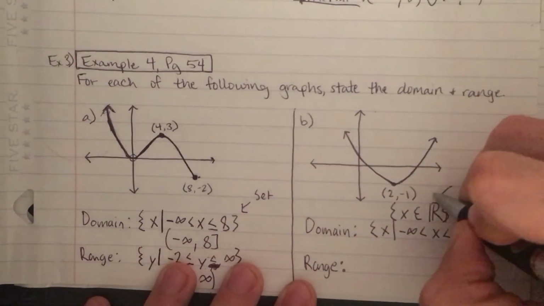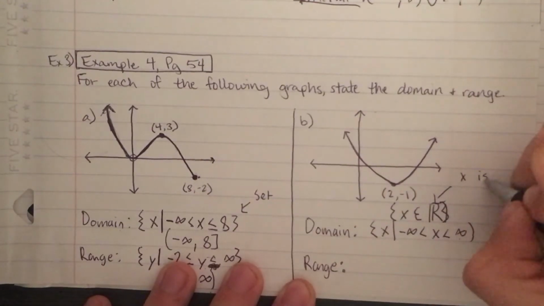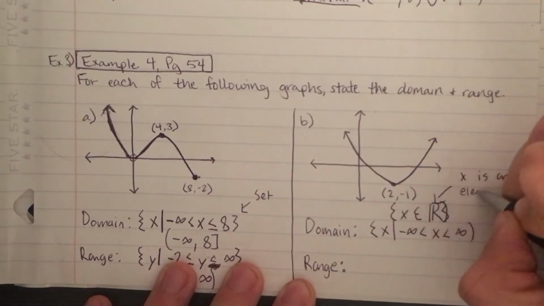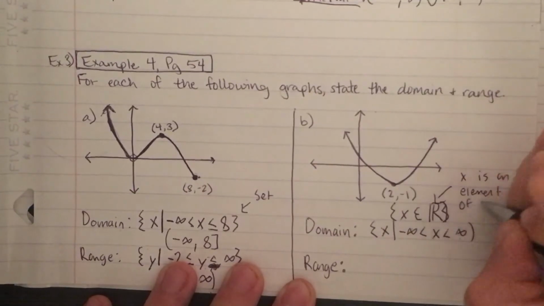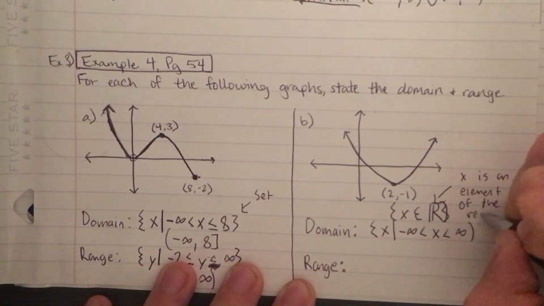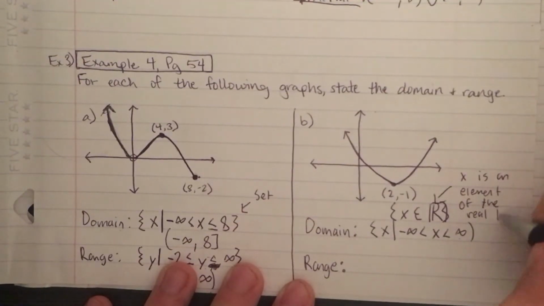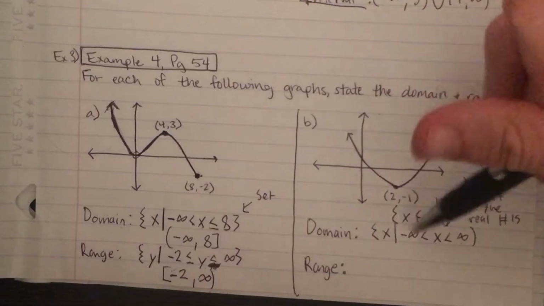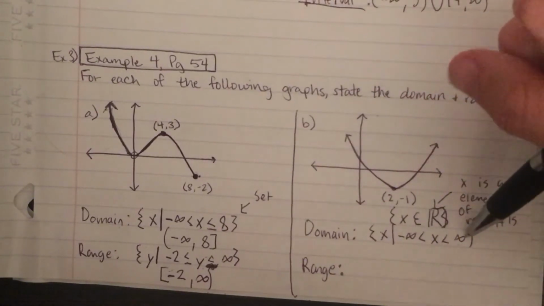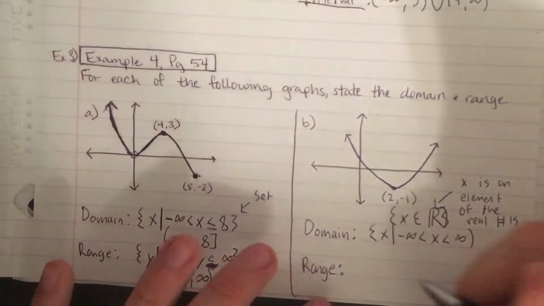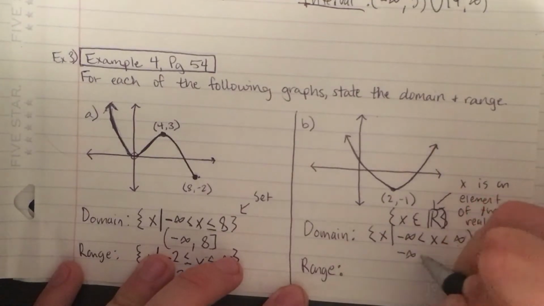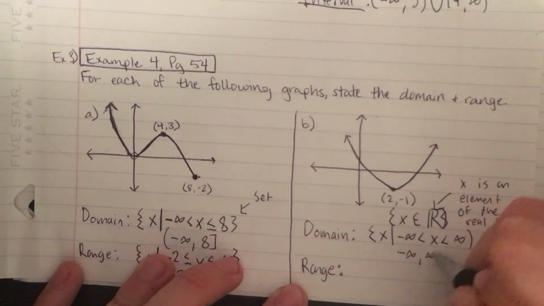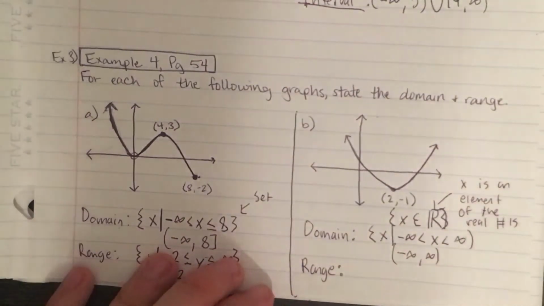The way that you read this is x is an element of the real numbers. That's just a fancier way of saying x can be any number. If it's between negative infinity and positive infinity, it can be any number. And again, the interval notation here would be negative infinity to positive infinity, and we're going to put both of those in parentheses.